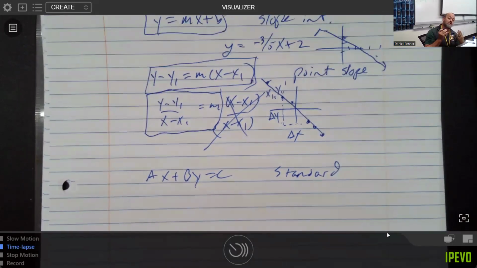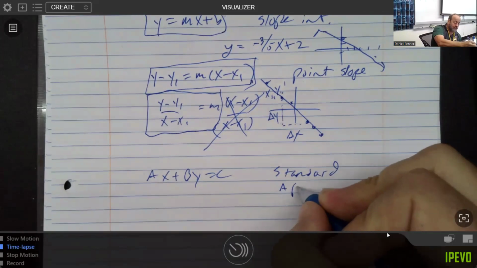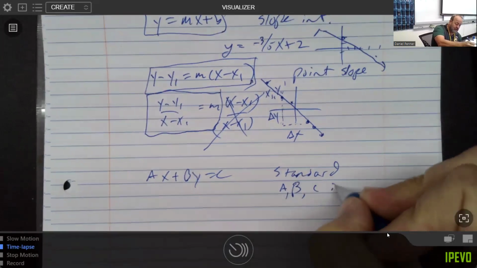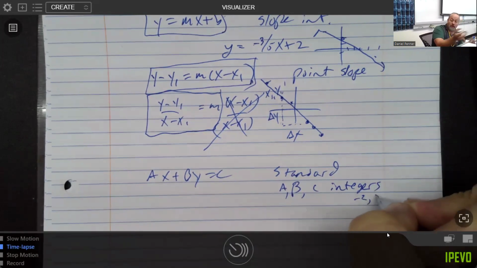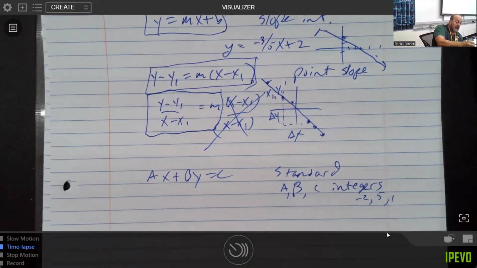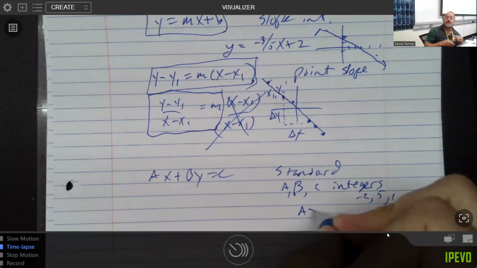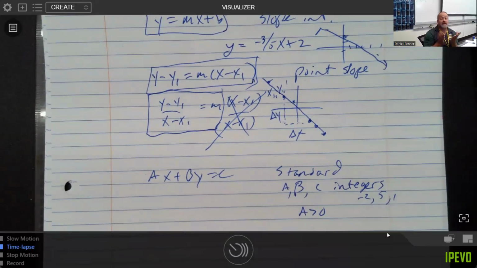We would do something to ensure that they are not fractions. So A, B, and C are integers, numbers like -2, 5, 1, etc. And A is always positive. Those are our stipulations. It makes it really easy to work with.